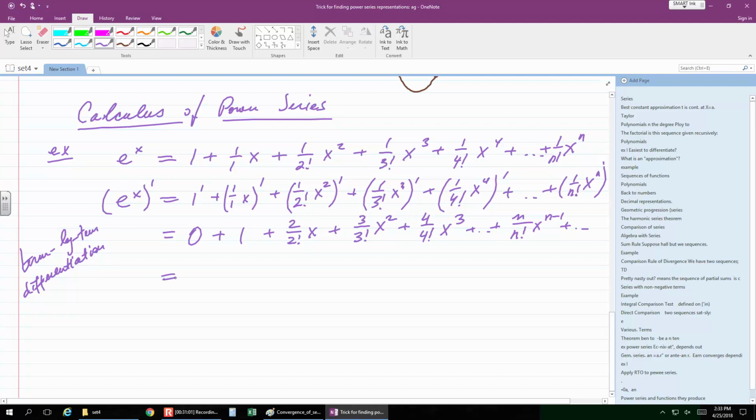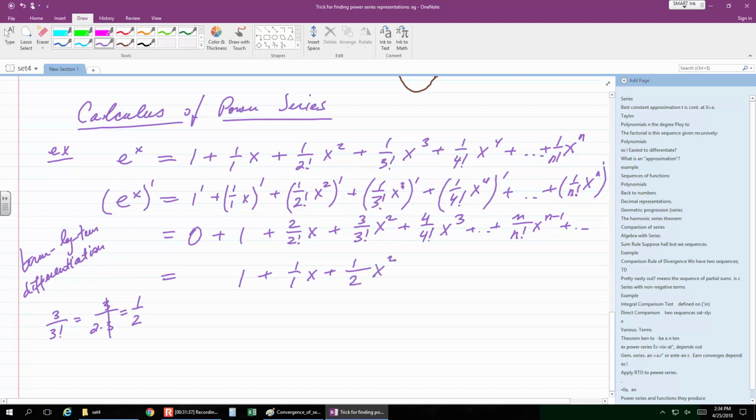Okay, and now I start canceling things out. So I'll have 1 plus 1 over 1 x plus 2 over 2 factorial x. You remember what factorial is. It's all the numbers through n. So here it will be 3 over 3 factorial, which is 3 divided by 2 times 3. 3 is gone, and I have 1 over 2 x squared.